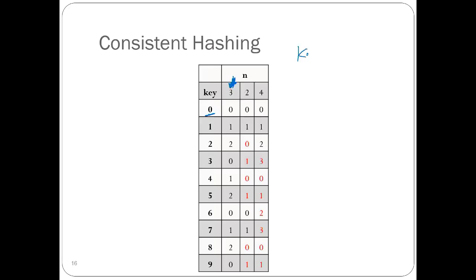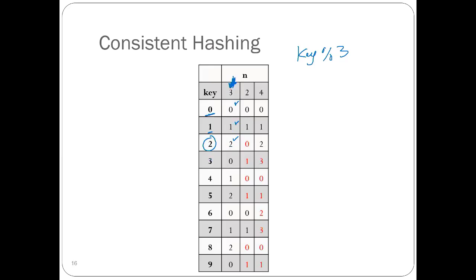So simple that you would remember key modulo 3. So, 0 is being hashed to the 0th server, and 1 is being hashed to the first server, and 2 is being hashed to the second server: server 0, server 1, and server 2. These are the server IDs.